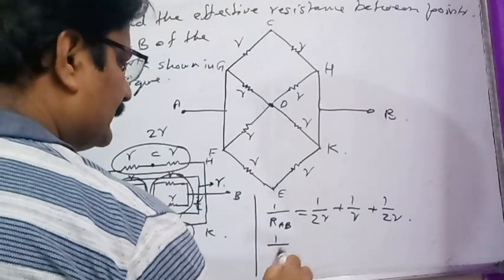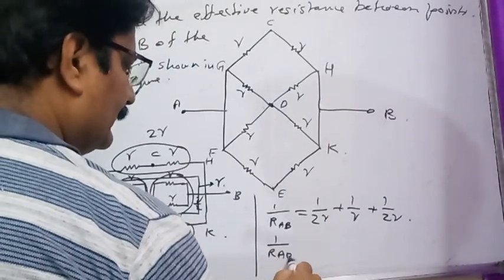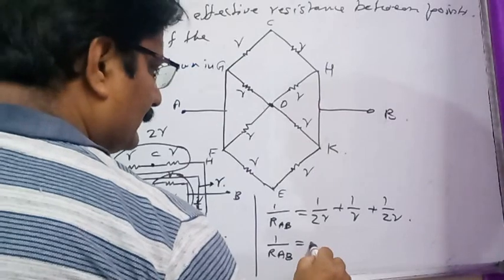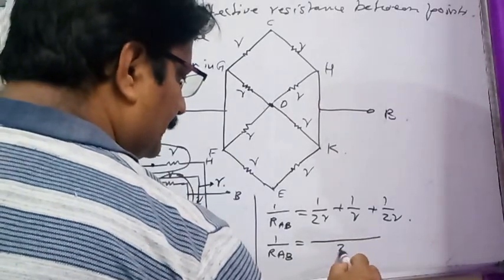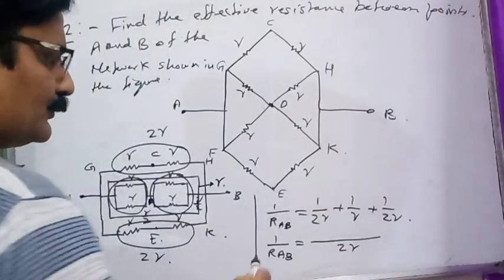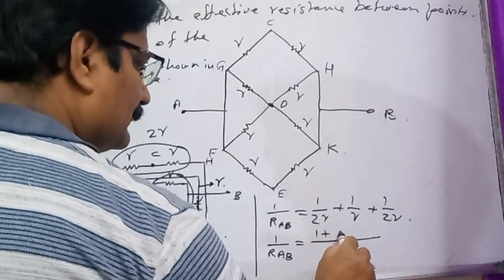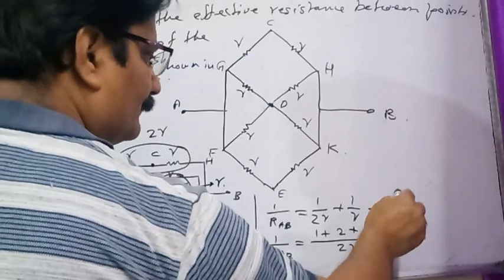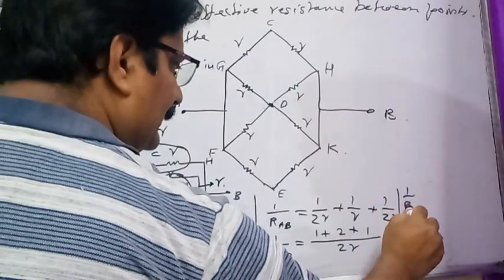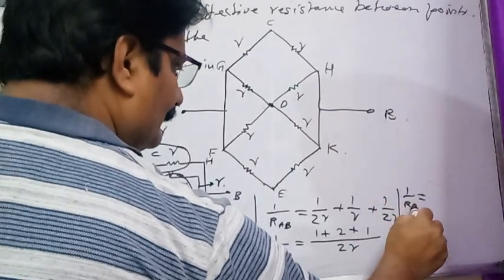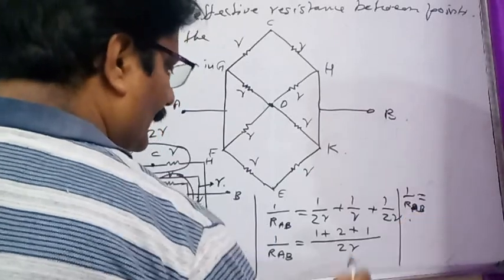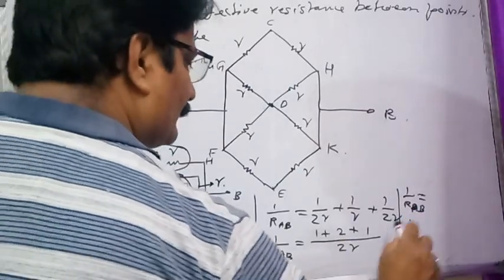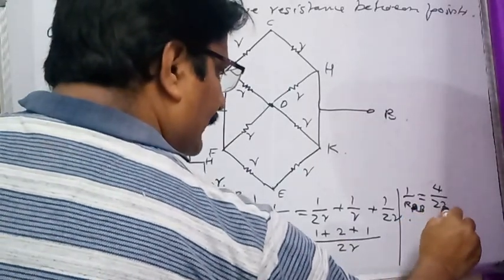If we take the LCM, 1 by RAB, the LCM is 2R. So 1 plus 2 plus 1. So the value of 1 by RAB is equal to 4 divided by 2R.